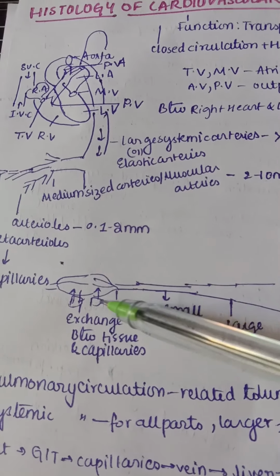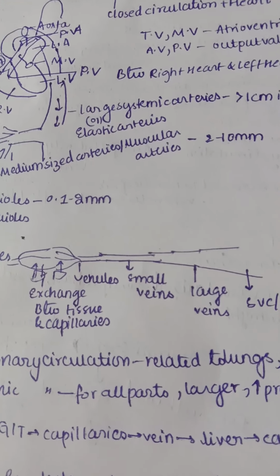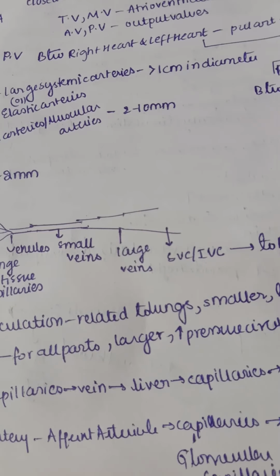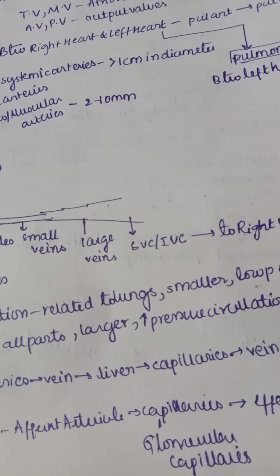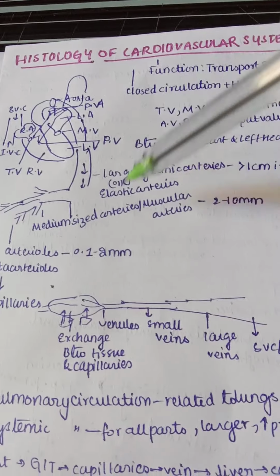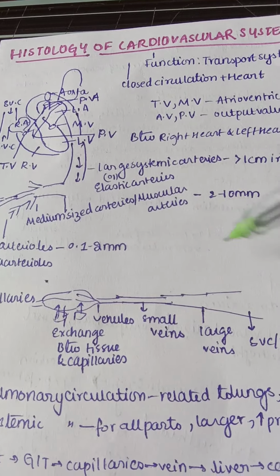And next it continues into the venous side by first entering into venules, and next into small veins, large veins, that is our SVC and IVC, and finally reaching the right heart. So this is also known as systemic circulation, because it is taking place between the left heart and right heart. Now let us see pulmonary circulation. So pulmonary circulation is mainly related to the lungs.